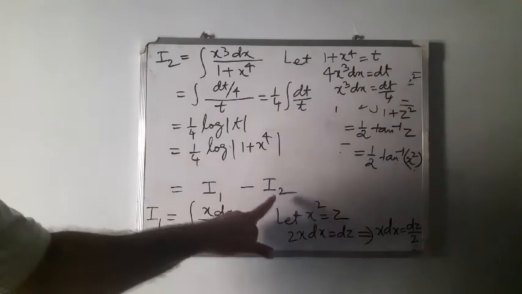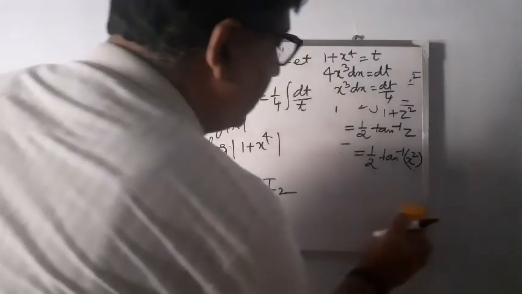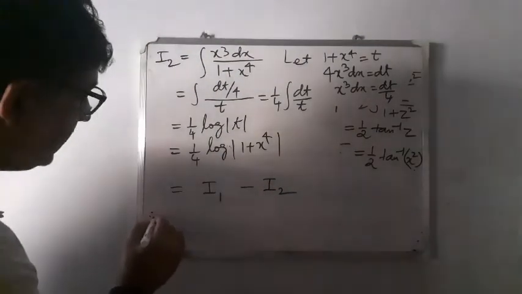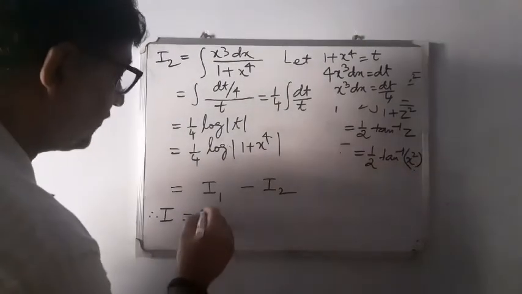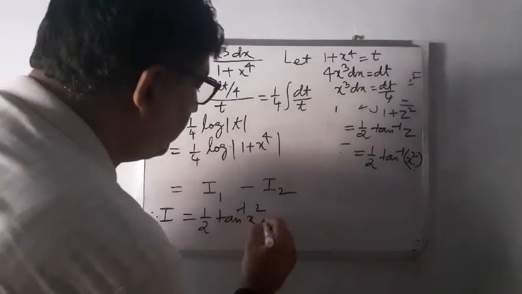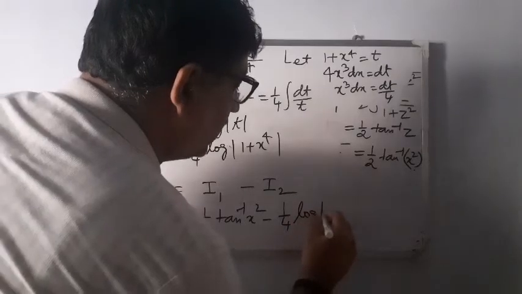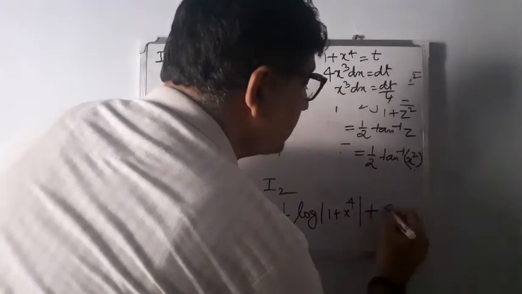Therefore, I is equal to I1 minus I2. So now you are able to write, therefore, I is equal to half tan inverse x square minus 1 by 4 log mod 1 plus x power 4, and then you should write plus c.